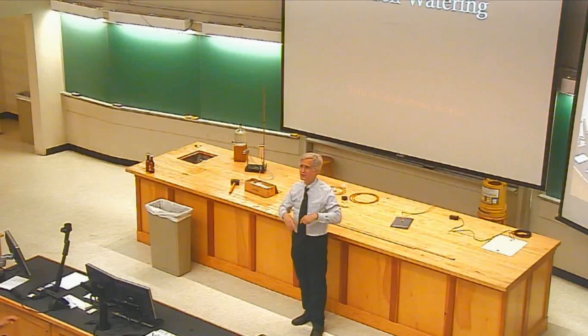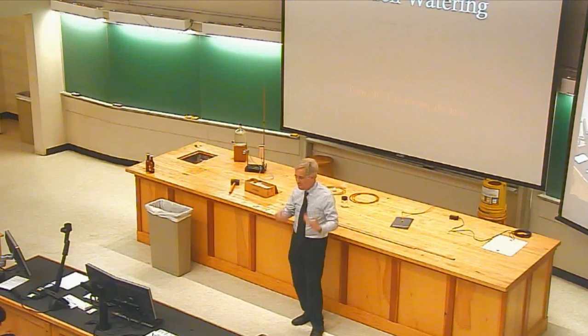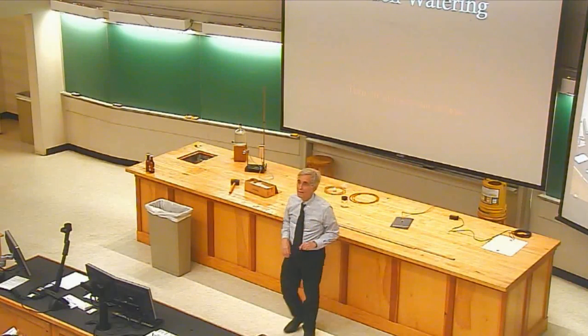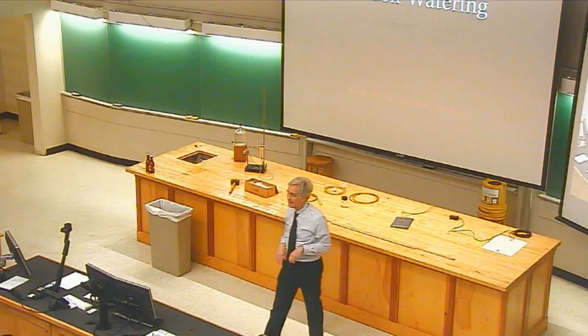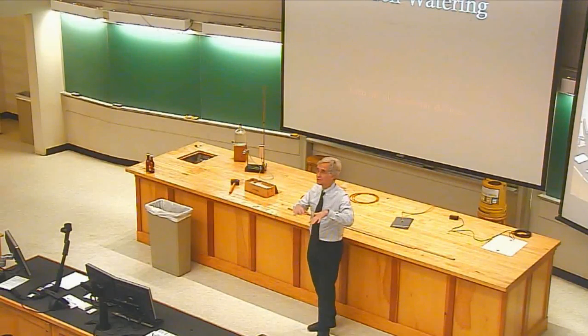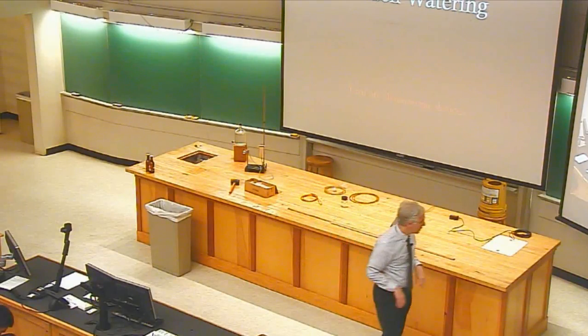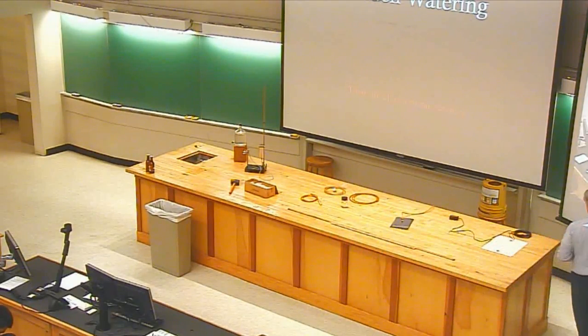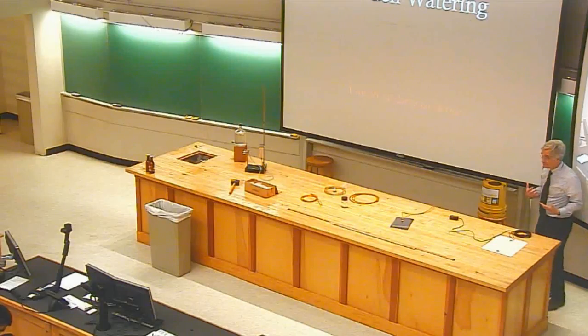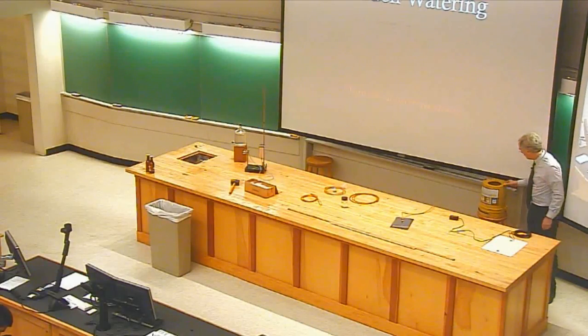We've watched steady state flow, which is the simplest possible flow, and not all flow is steady state by any means. So now we're going to start to introduce some of the complications that show up in real fluids, and the fact that fluids have sort of a life of their own.